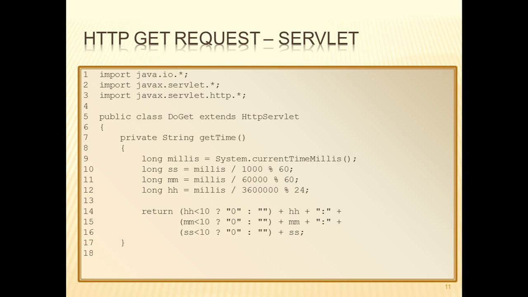So 1 millisecond after midnight on that day has the value 1, 2 milliseconds has the value 2, 1 second after midnight has the value 1000, 1 minute after midnight has the value 60,000, and so on.